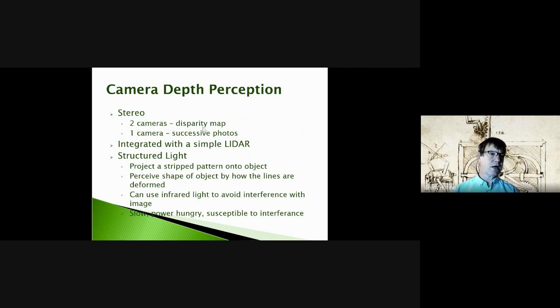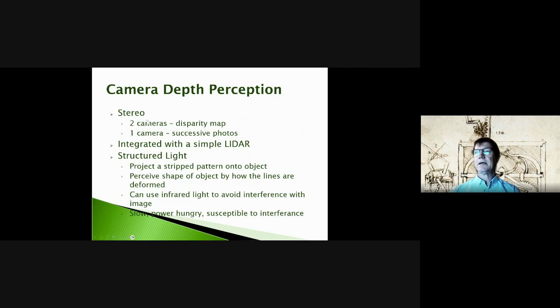And those objects that are far away are moving fewer pixels in that comparison between those images. And we can even use some relative sizes if you kind of keep track of things.